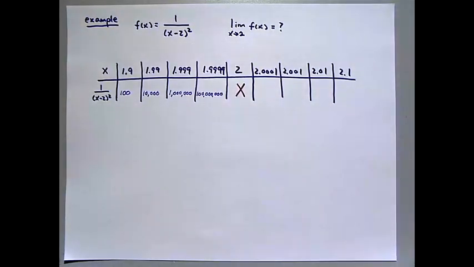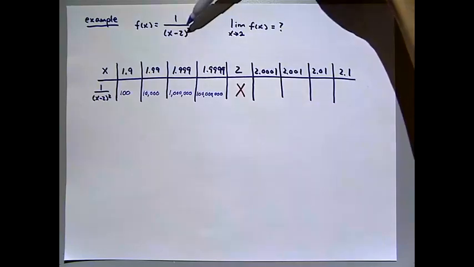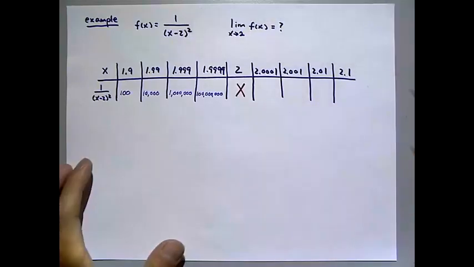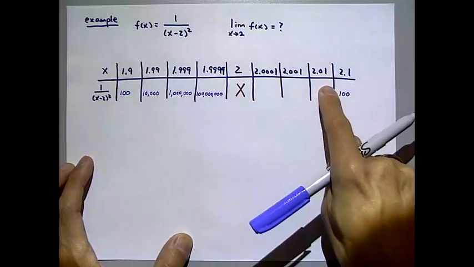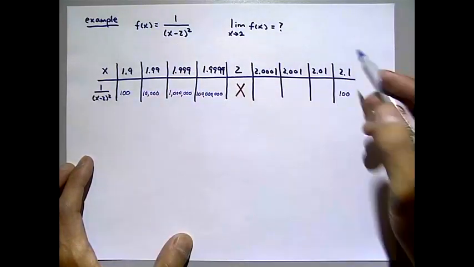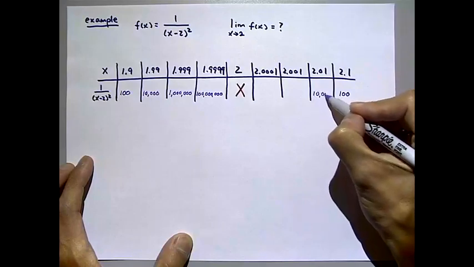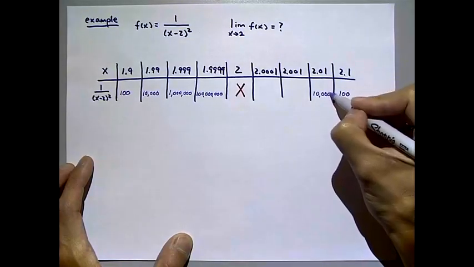All right. Now on the right side, same thing. If I let x be 2.1, plug into here, calculate that, I get 100, 2.01, I also get 10,000. In fact, these numbers mirror each other.